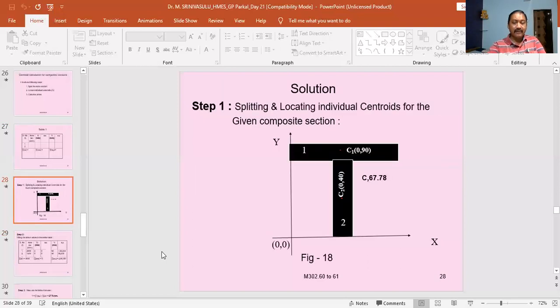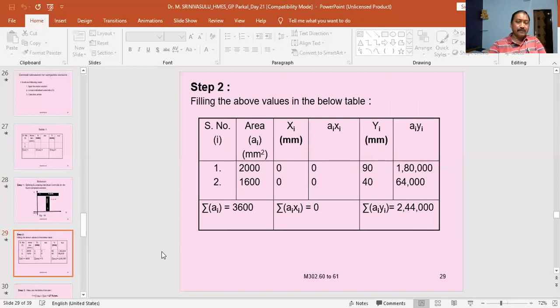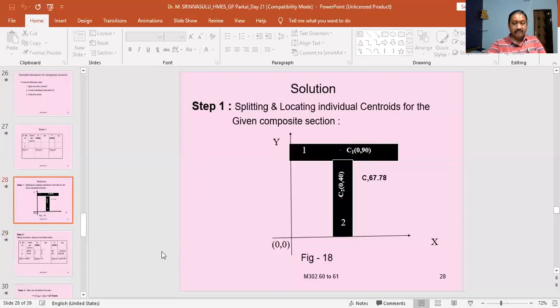100 into 20, that becomes 2000, and xi is equal to 0 because the given section is symmetrical about the y-axis.